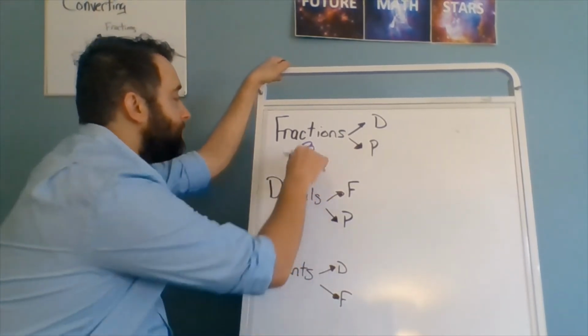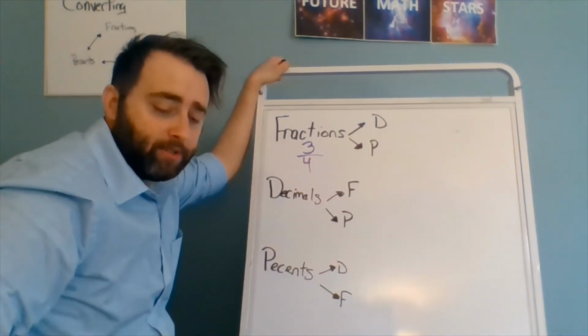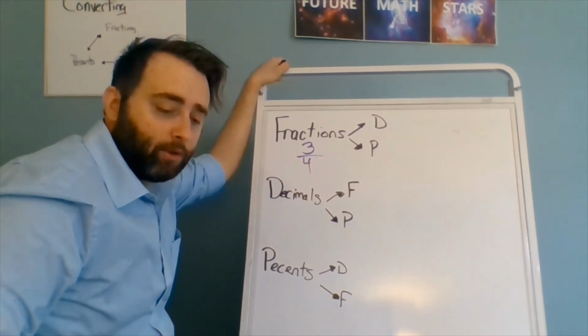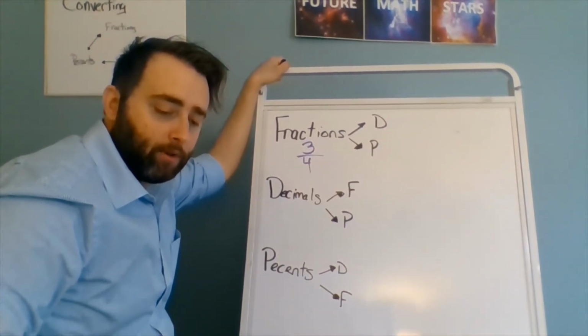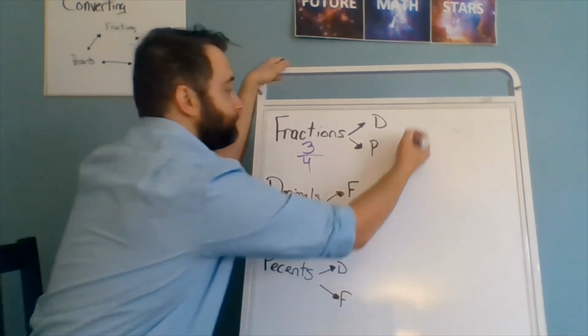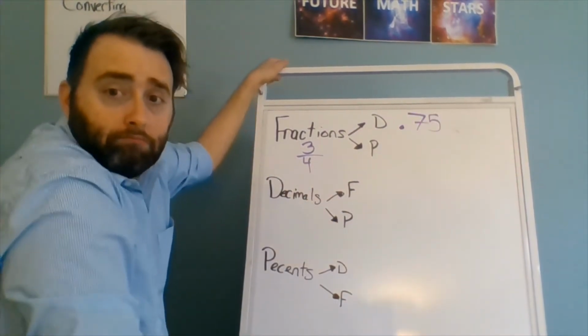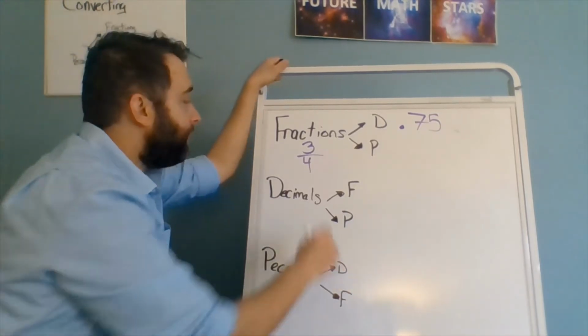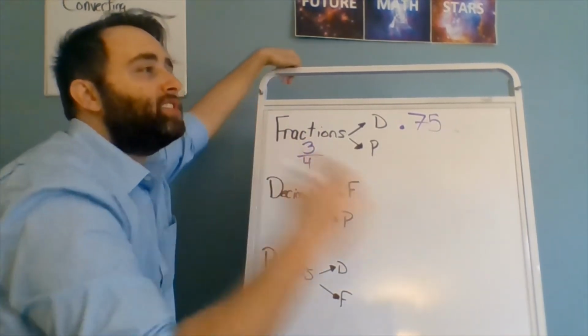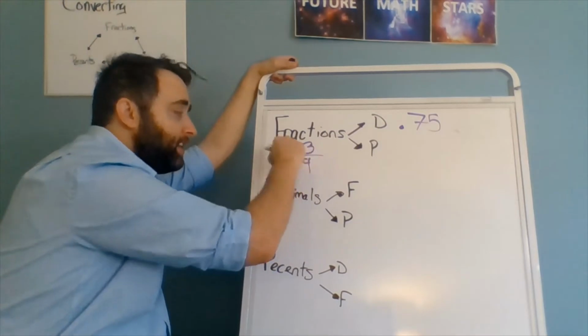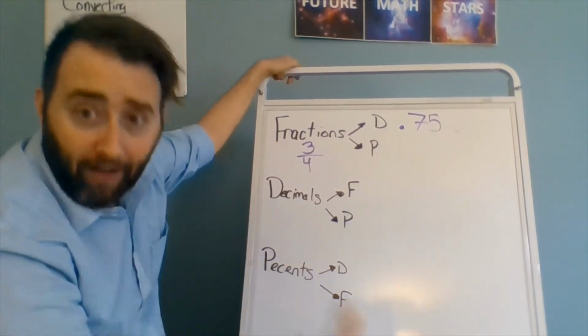If I wanted to take the fraction 3/4 and turn it into a decimal, simply on your calculator, divide 3 by 4. 0.75. Easy as that. If you see the fraction bar, it literally means divide.